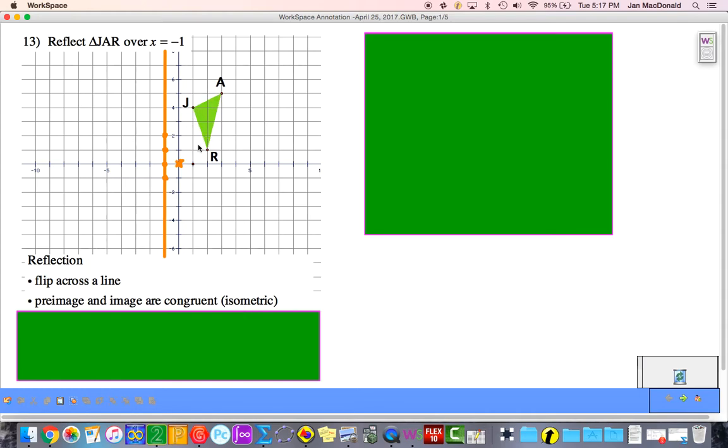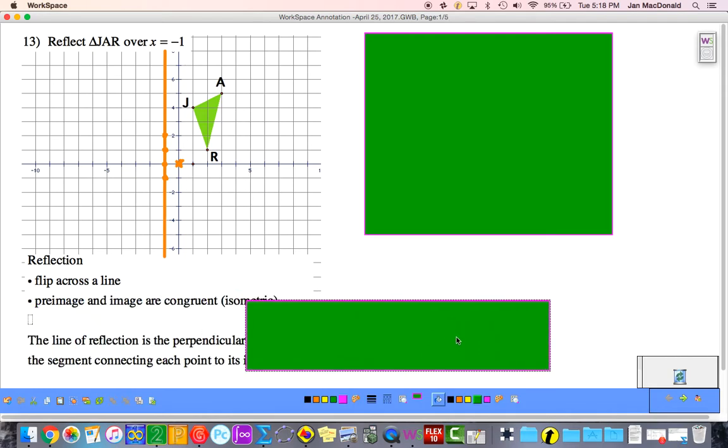Remember, this is called the pre-image, the image before movement. Once we've flipped it across the line, we call it the image, the polygon after the transformation has taken place.